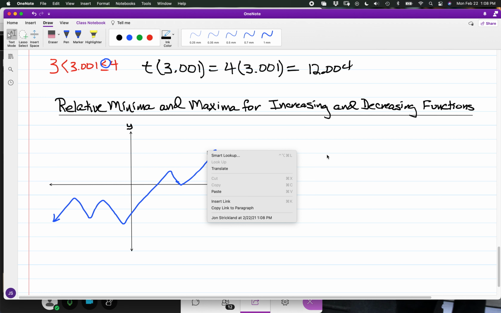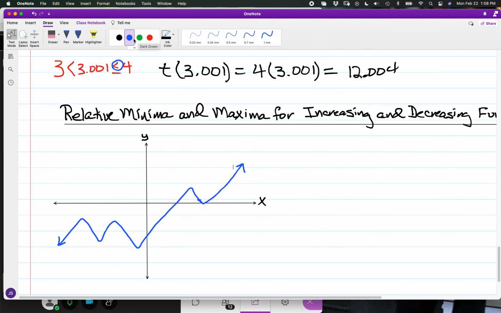Now I'll assign some ordered pairs here. Say we have -1, -5, and we'll say we have -3, -2, and -4, -4, and -5 and -1.5.